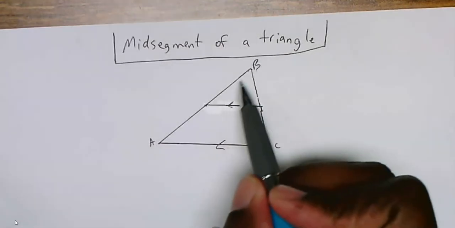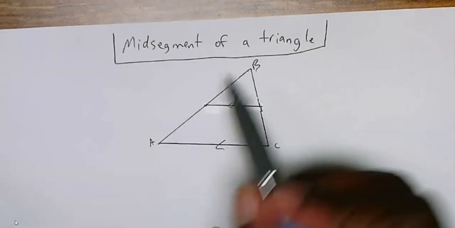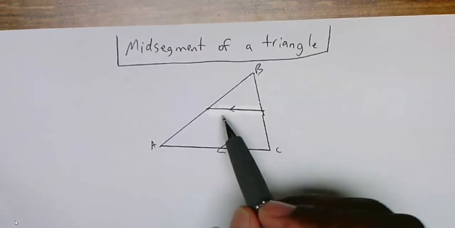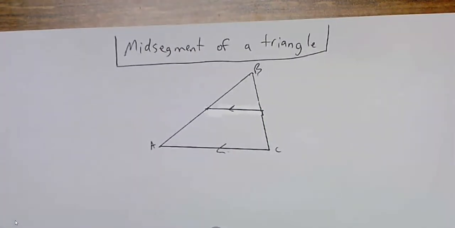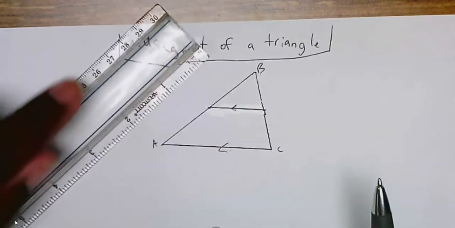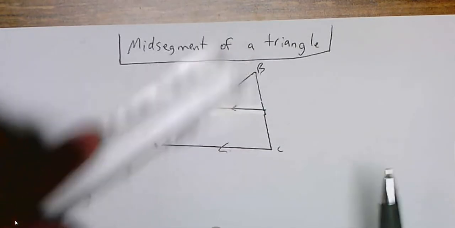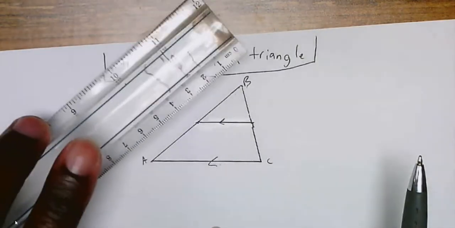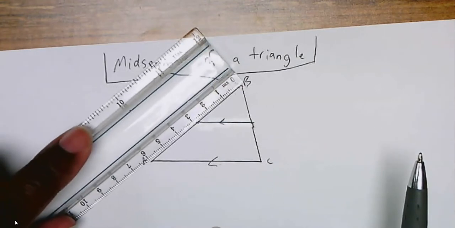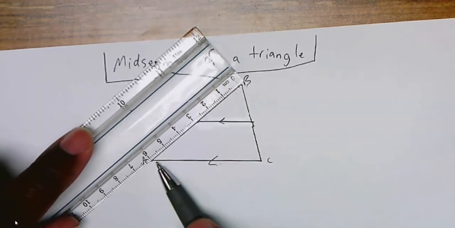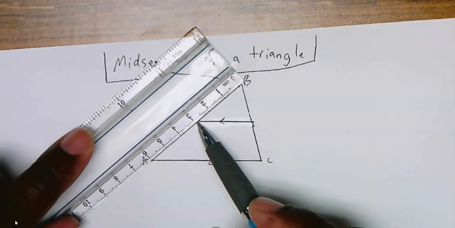Alright, let's go further. So what I did was I measured the length of this side and I measured the length of that side and I found the midpoints. So I measured this side to be roughly 6 centimeters. This side I found to be about 6 centimeters. So I marked it about 3.